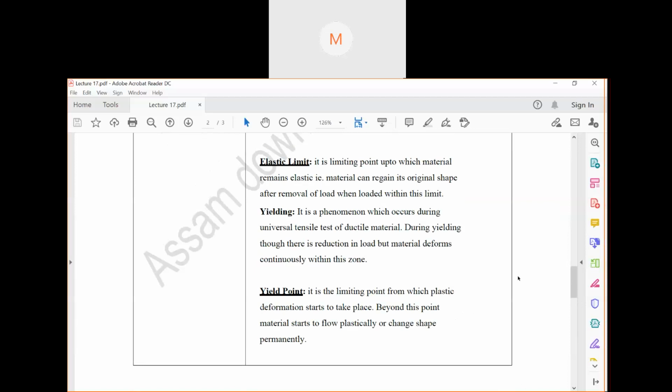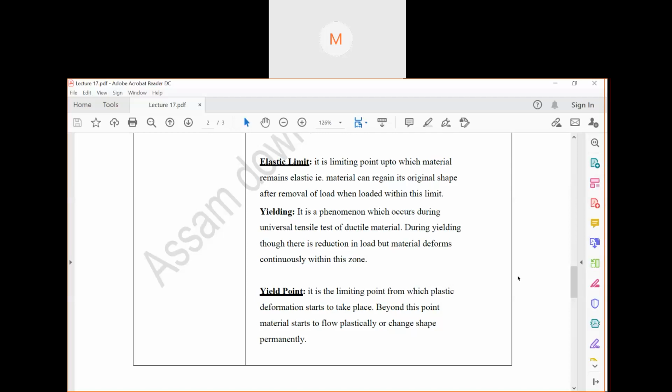Now this depends upon the property of the material. Look, if you try to pull a rubber, what happens? I'm giving you an example. Elasticity is the ratio of stress and strain, right?